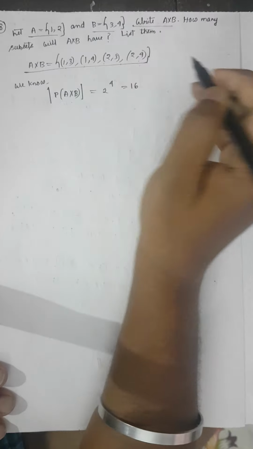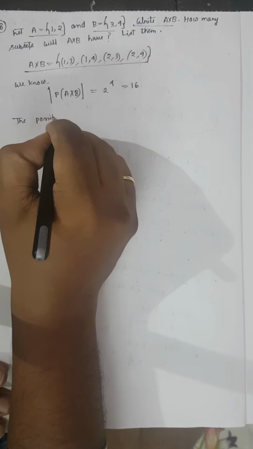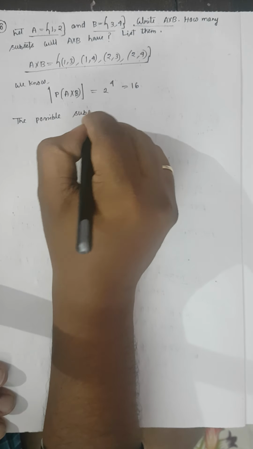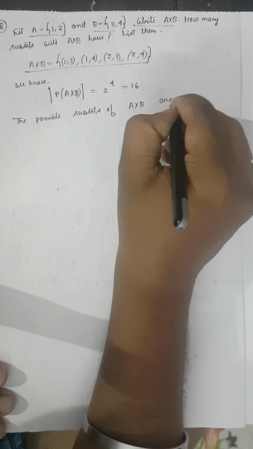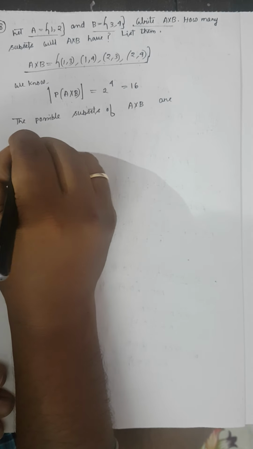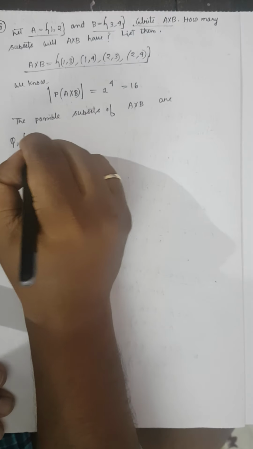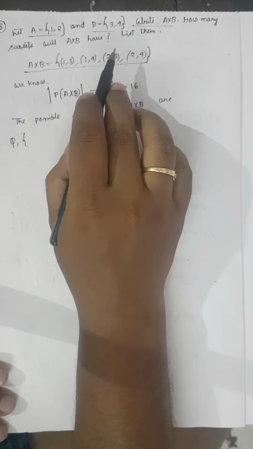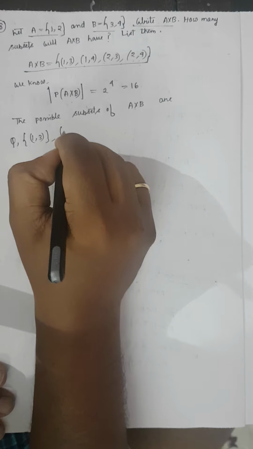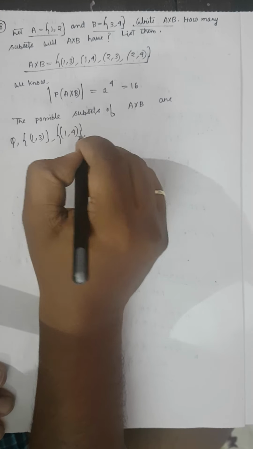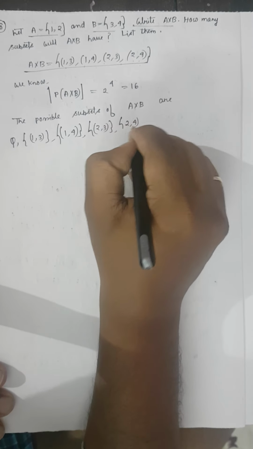So I will start finding the possible subsets of A cross B. First it is the phi set or null set. Then I will take these elements one at a time. So it will be {(1,3)}, {(1,4)}, {(2,3)}, {(2,4)}.